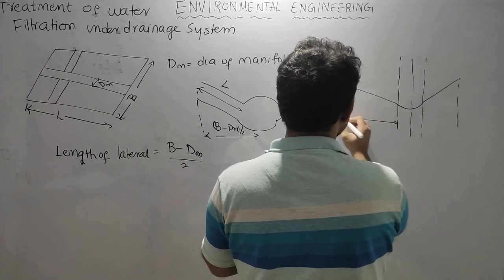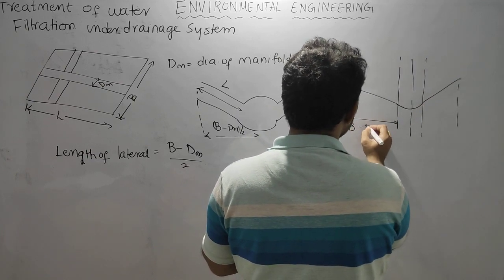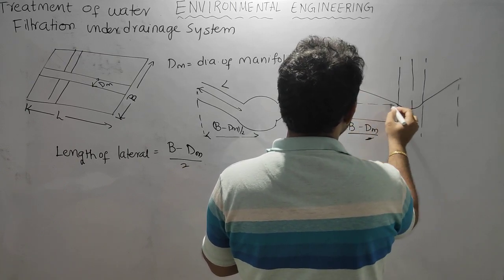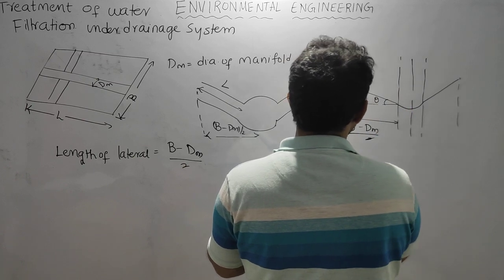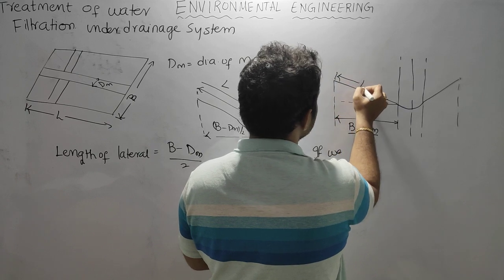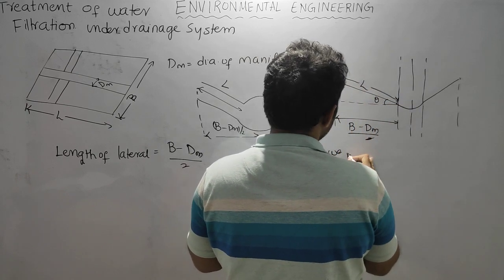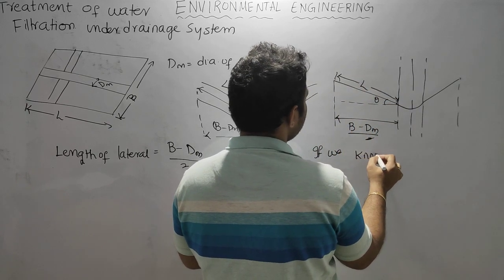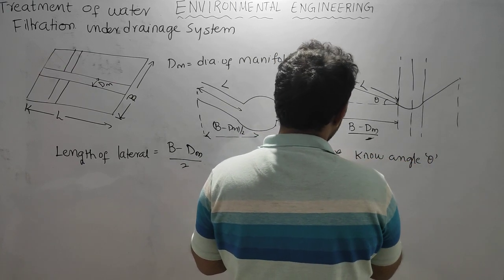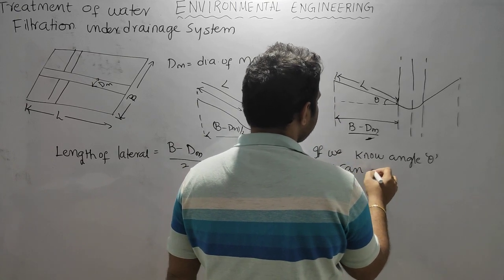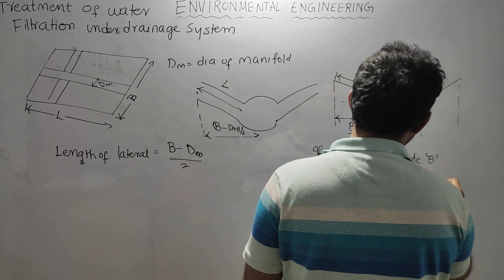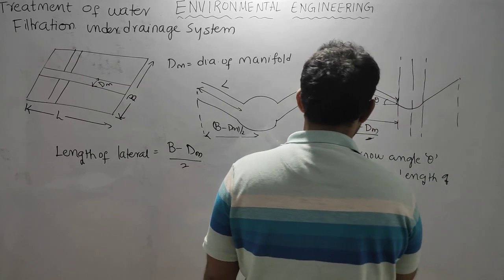So this one is B minus dm by 2. If we know the angle theta, this is the length, the actual length is this. So if you know the angle theta, we can find the length of the lateral.